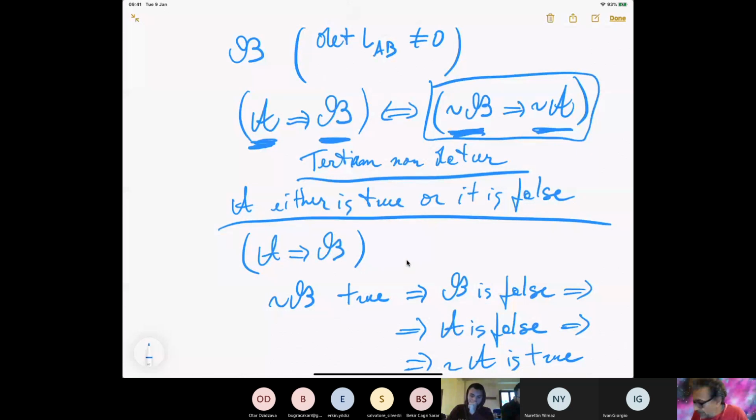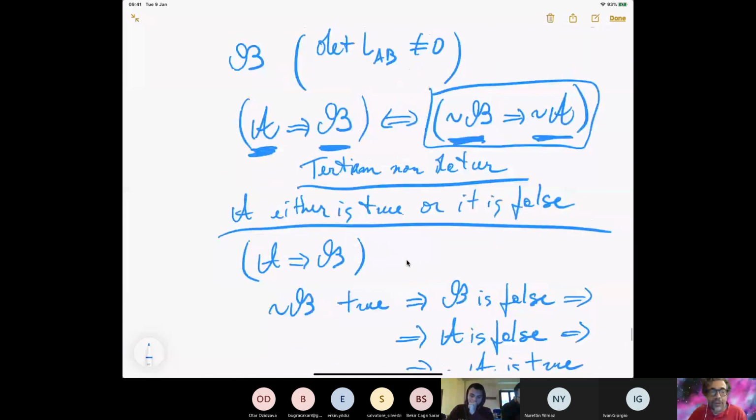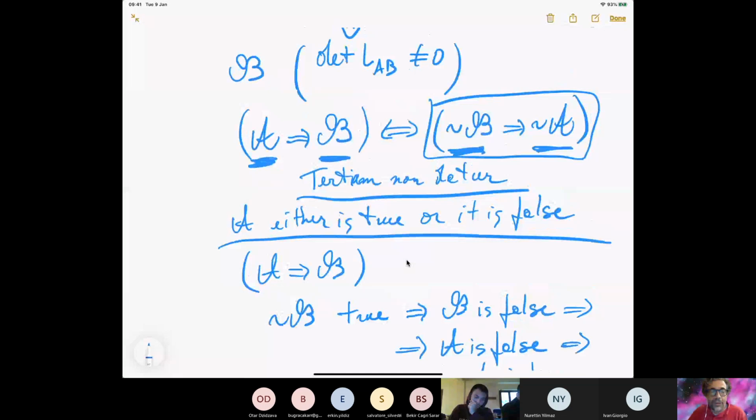But you know, this equivalence is based on the fact that a statement either is true or it is false. Okay? And not every statement which we pronounce is formally correct in this way.